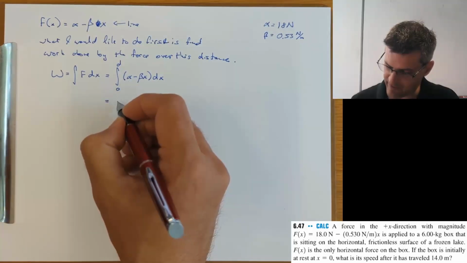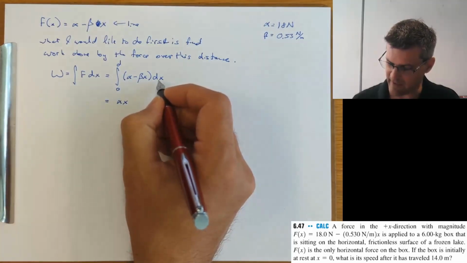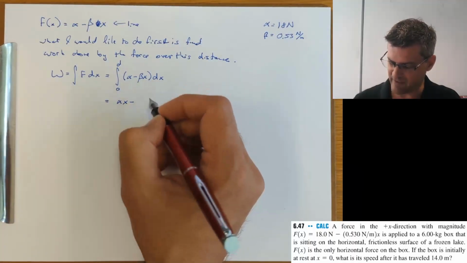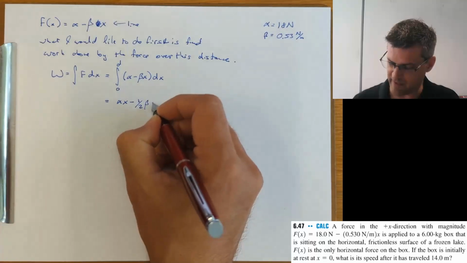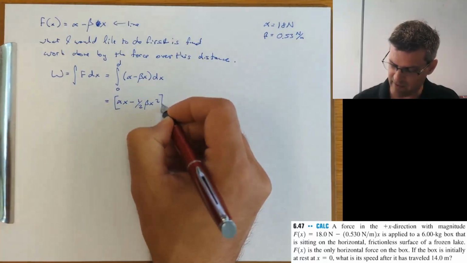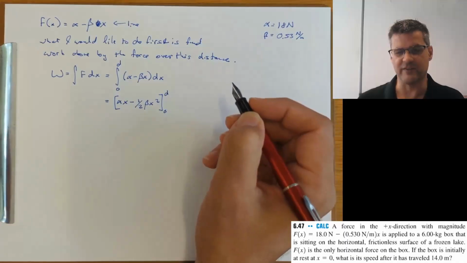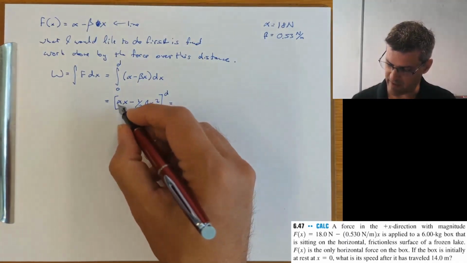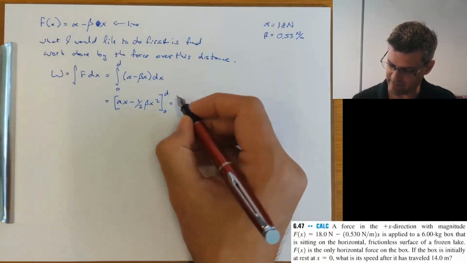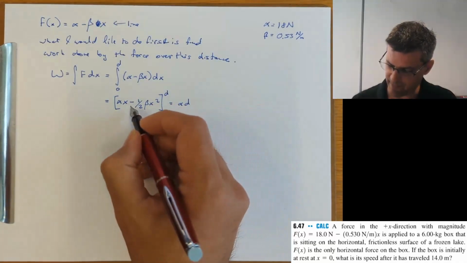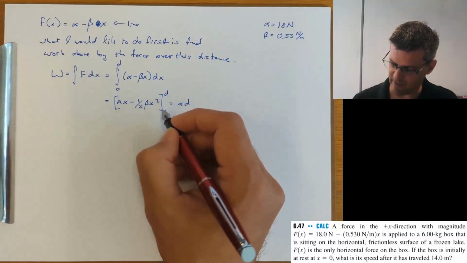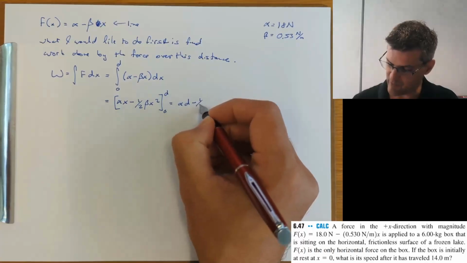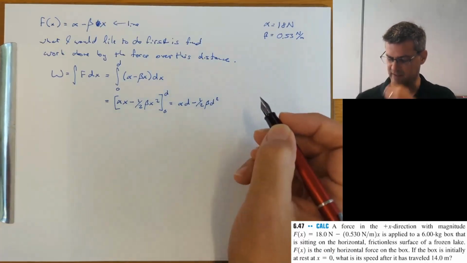Well, alpha integrated over dx is alpha x, minus beta x integrated over is going to become 1/2 beta x squared, but we have to integrate it over these limits of integration. So this becomes alpha d minus alpha 0, which is alpha d, minus 1/2 beta d squared, plus 1/2 beta 0 squared. So minus 1/2 beta d squared.